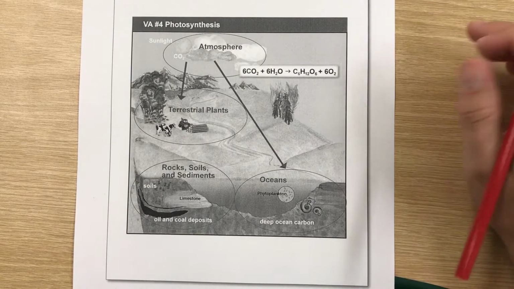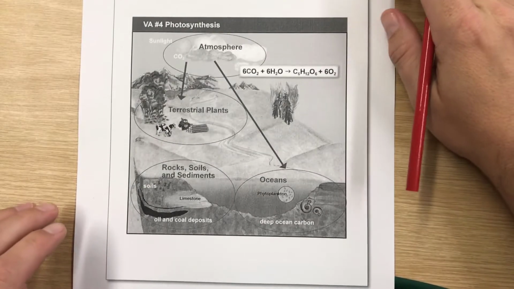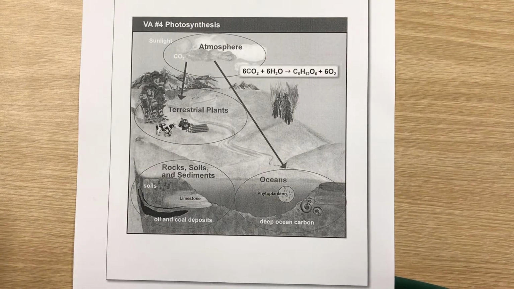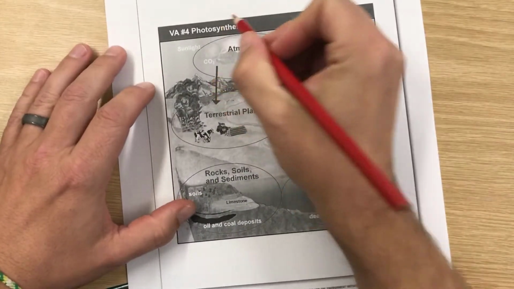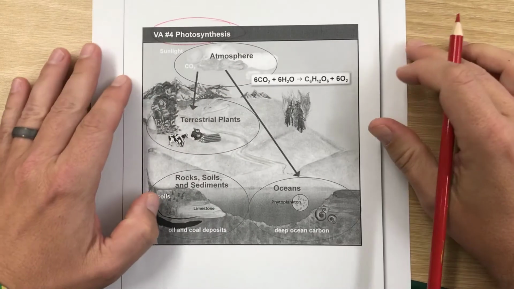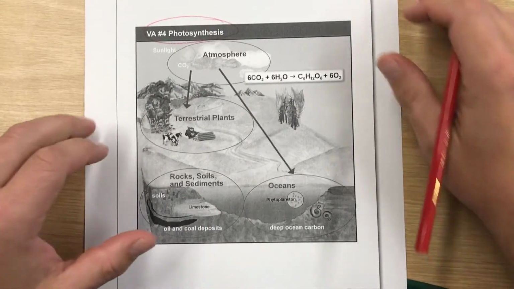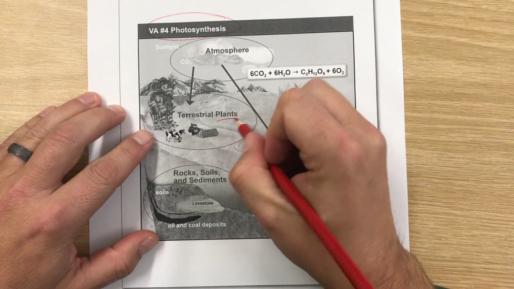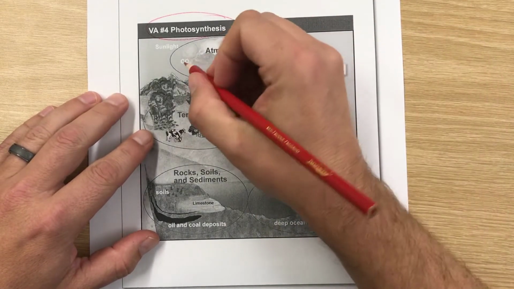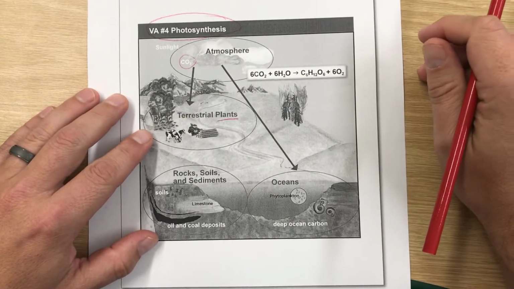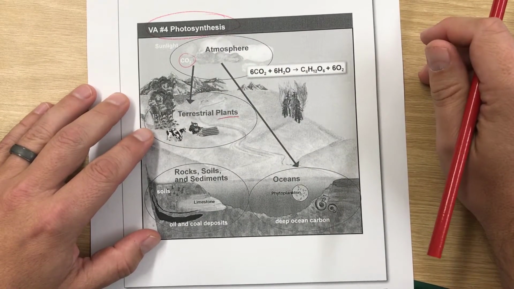Okay, so the first transfer of carbon that we're going to see between reservoirs is going to be photosynthesis. So you've learned about photosynthesis before. Hopefully what you remember is that plants will take up CO2 from the atmosphere in order to make their sugars.